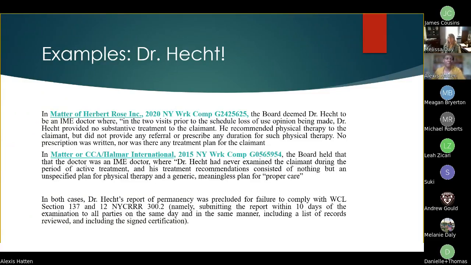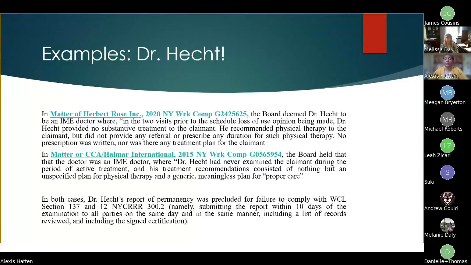So in these cases, you'll see the same pattern all the time: a couple visits prior to the scheduled loss of use determination or whatever the IME report is, no treatment provided. They'll recommend something that's basically inconsequential, like continued conservative care or home exercises or something like that, but they don't actually provide any treatment.